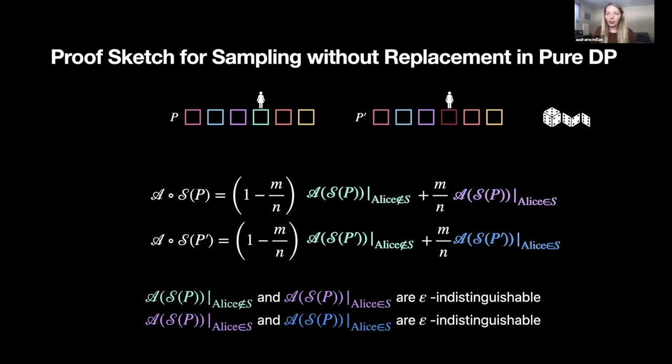Those two samples only differ on one person, so they're neighbors. And so the fact that A is epsilon differentially private implies that A on those two samples is epsilon indistinguishable, and that implies that these two mechanisms are epsilon indistinguishable. Okay, so that was a little vague or high level.